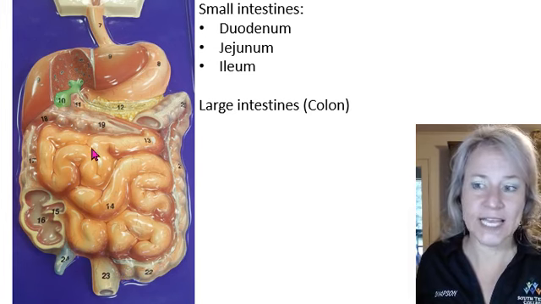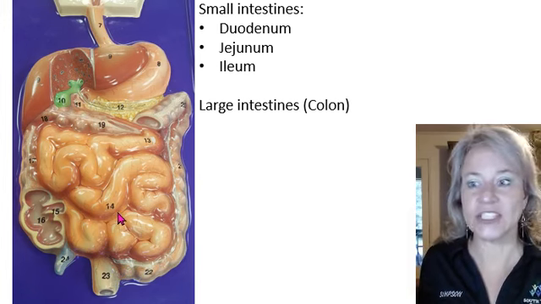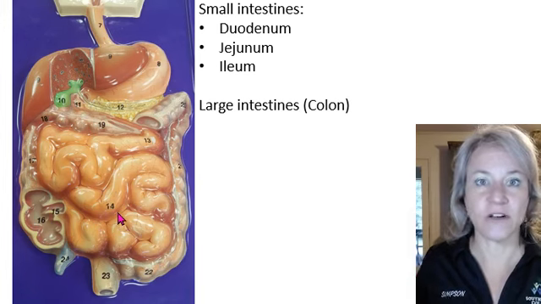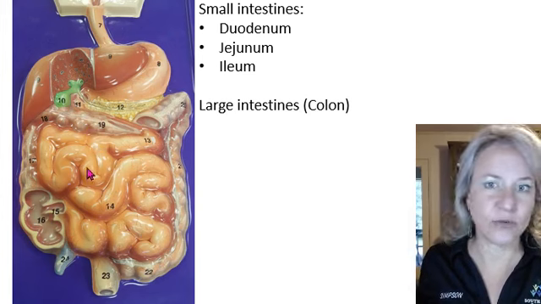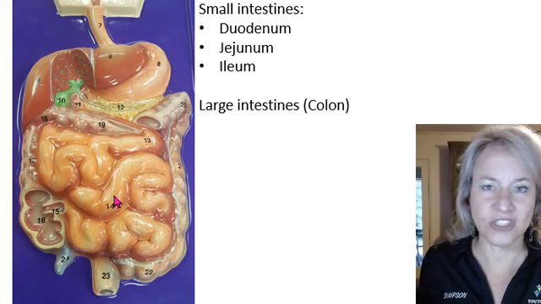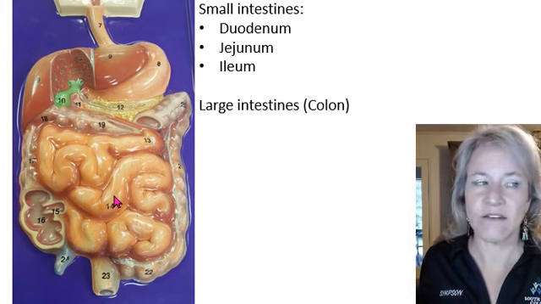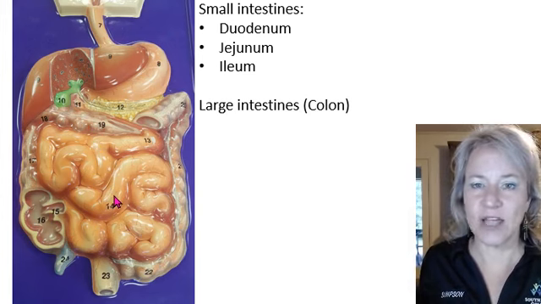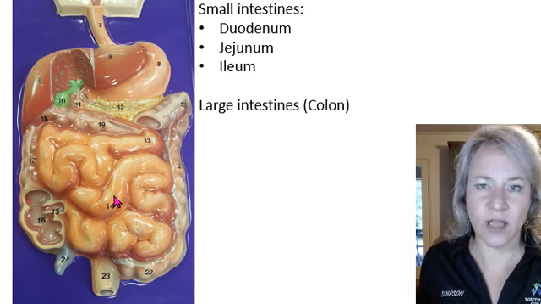We said that by the time it gets to the ileum, it should be fully digested, and then it's just absorption of all those nutrients. So what's left after 25 feet of small intestines is just solid waste. It's fiber, things that we cannot get nutrients from.